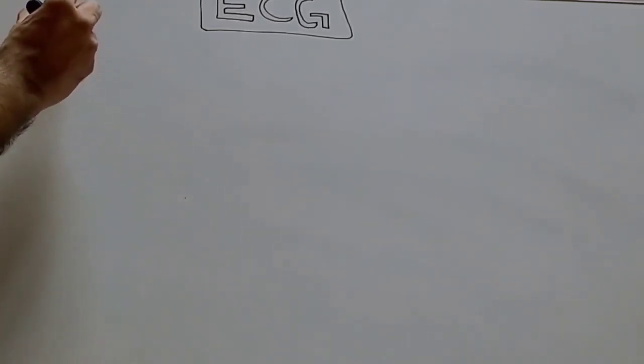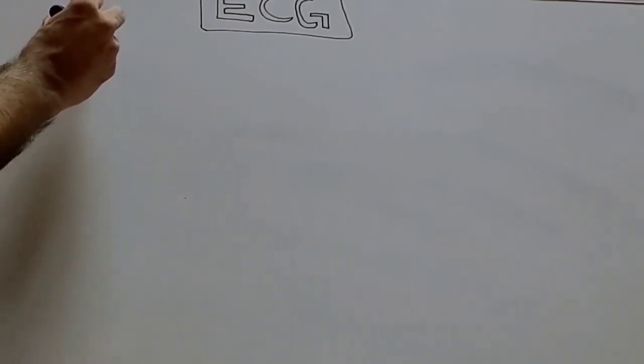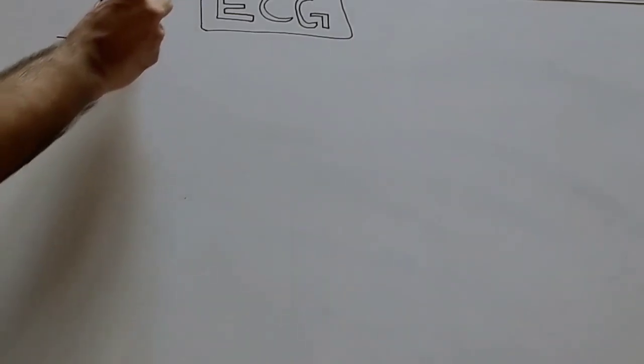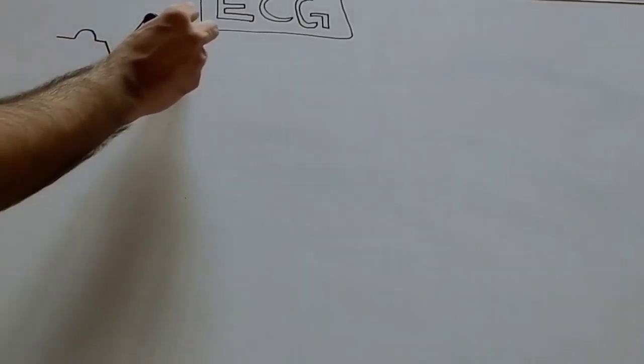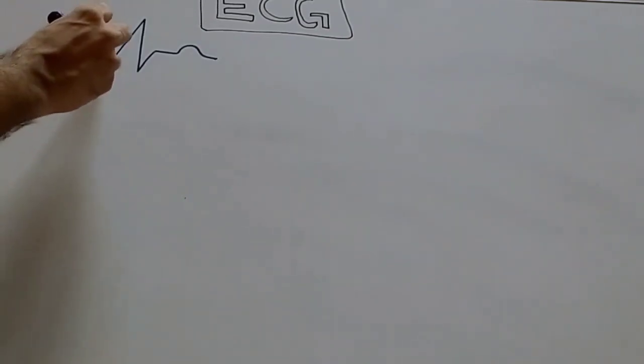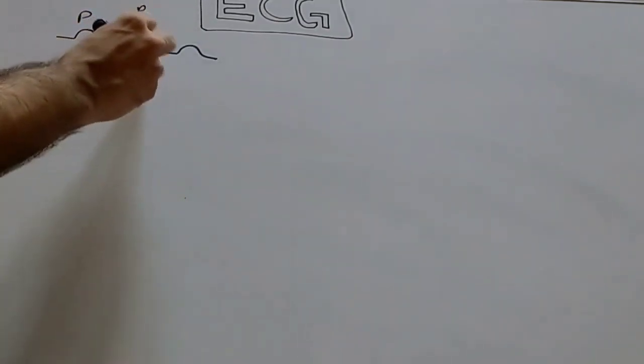So now drawing the wave of the ECG, which actually appears when electrodes are placed on the skin. Like this. So this is the P, Q, R, S, T. So now I will discuss about each and every point.